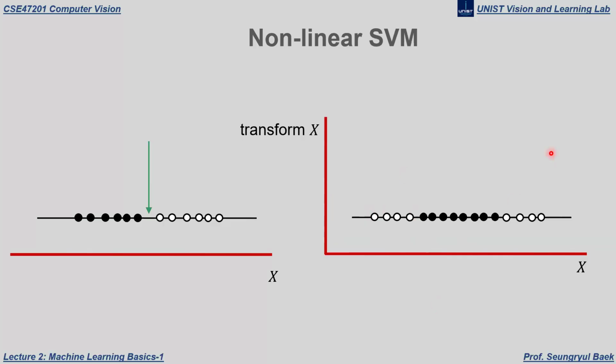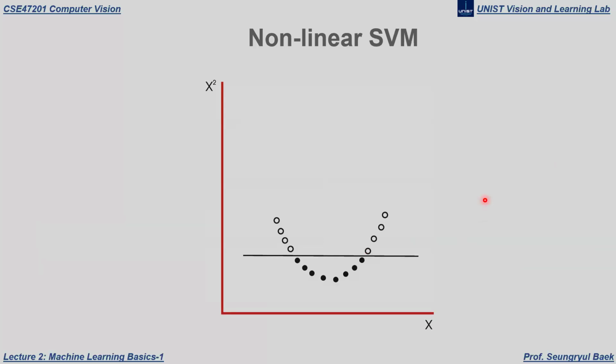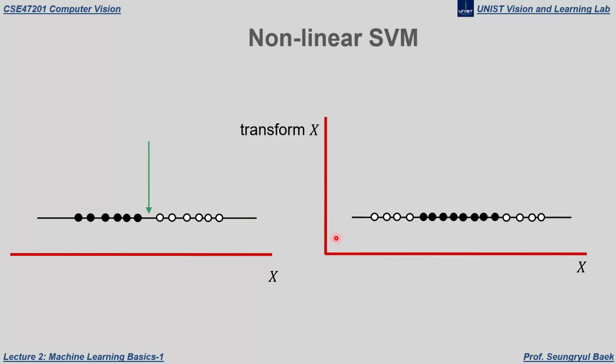We cannot draw just one line that can divide this distribution. But the idea is that we can transform these samples if these features are lying on one dimension. It just looks like this. Somehow it can be seen from this viewpoint as a non-linearly separable case, right?